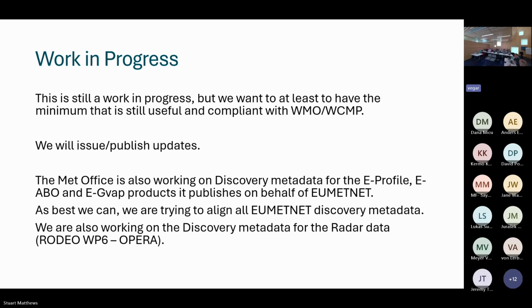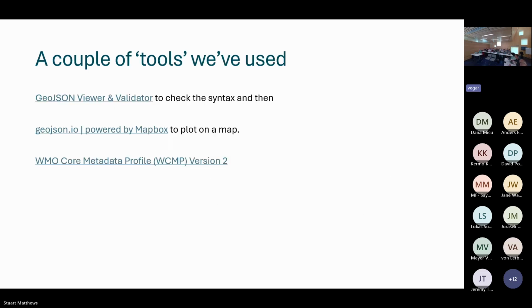So what we're trying to do is make sure the discovery metadata we produce today and here as part of the RODIA project is aligned with what's going on in the Met Office, and the other way around, that we tell the Met Office you should maybe describe your metadata slightly differently, so everything's nice. So yeah, that's that slide.